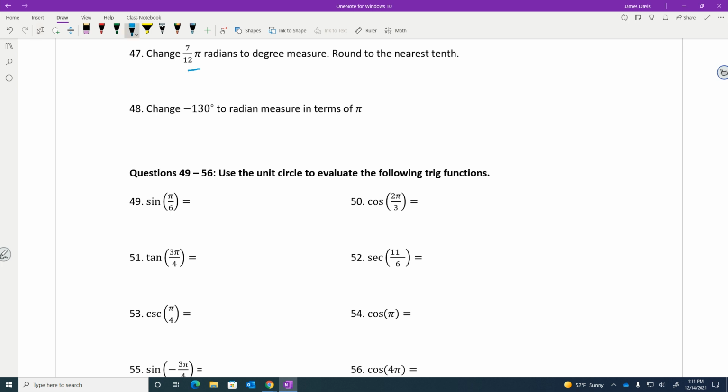Like, for instance, if you try, remember this is 7 pi over 12. If you were to do the wrong one, if you were to multiply by pi over 180, it's not really going to look right. So you'll have pi times pi, which would be pi squared. And it's not going to be a degree, so it'll just tell you got it switched. So it's times 180 over pi.